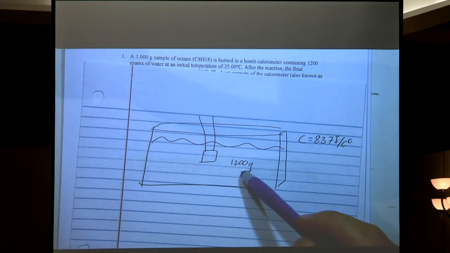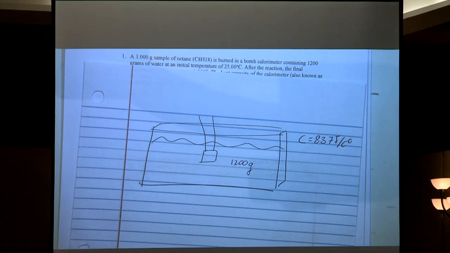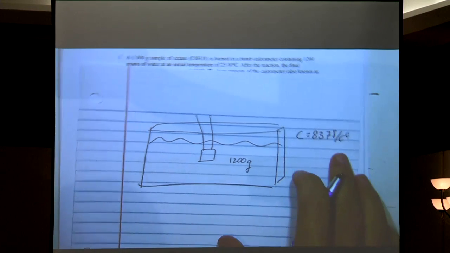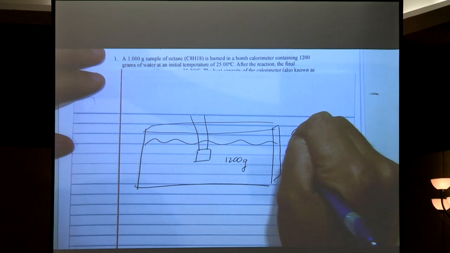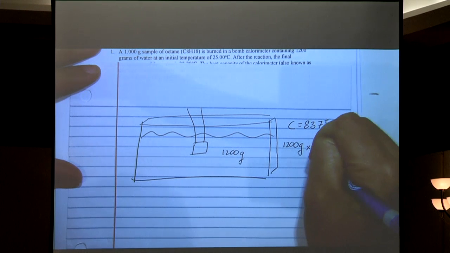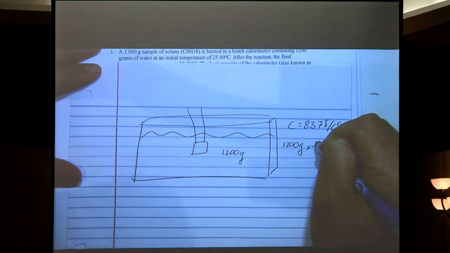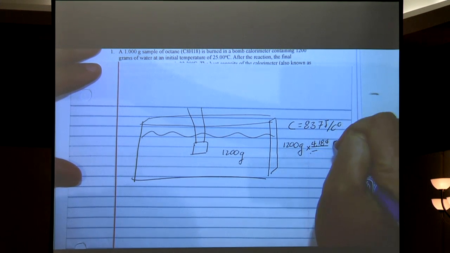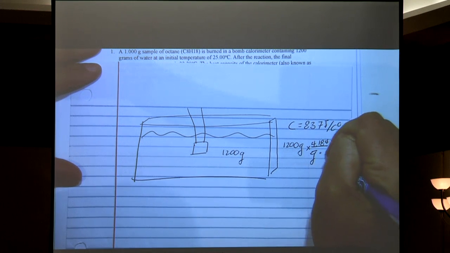And I know there are 1,200 grams of water in here. So what is the heat capacity? Heat capacity, not mass dependent, to change this 1,200 grams of water 1 degree Celsius. How do I figure it out? All right, so I know I have 1,200 grams of water, and 4.184 joules per gram times degrees Celsius.